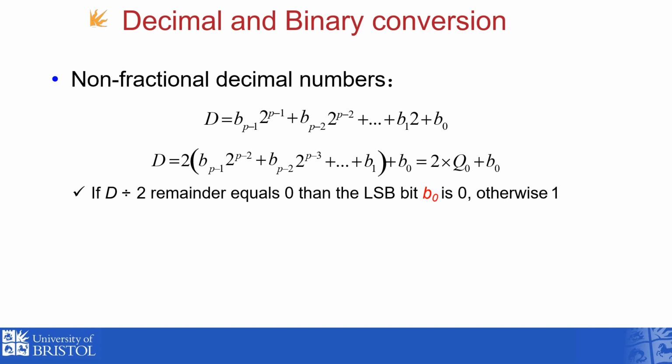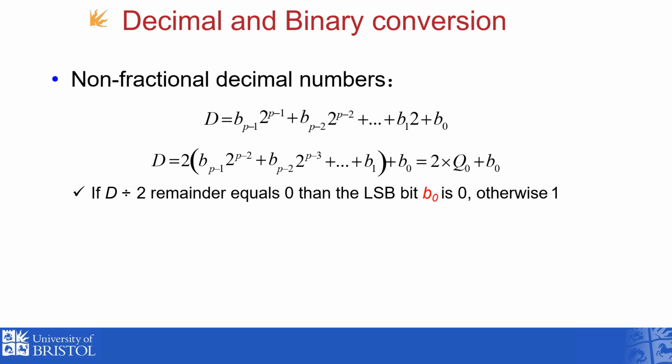So instead of having p to the power of -1, you have p to the power of -2, then p to the power of -3, and so forth, up until you reach b1.